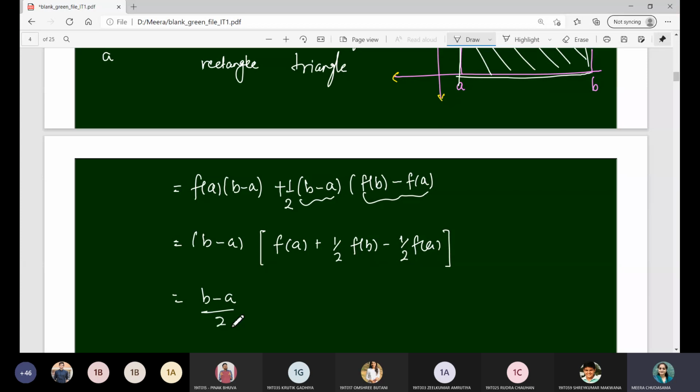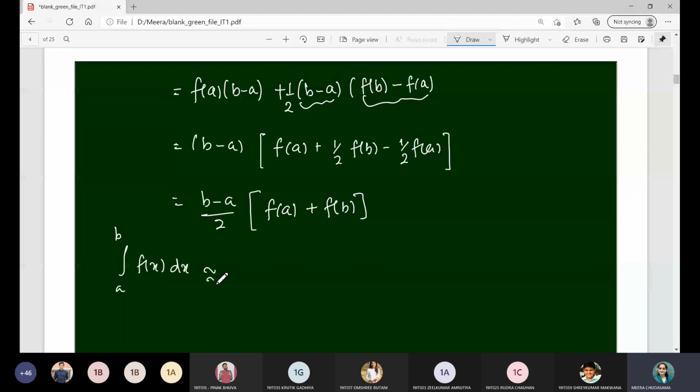So twice f of a plus f of b minus f of a. So simplification will be f of a plus f of b. So this is nothing but integral a to b f of x dx is approximated as, with the trapezoid, b minus a by 2 times f of a plus f of b. So this is called the trapezoidal rule.